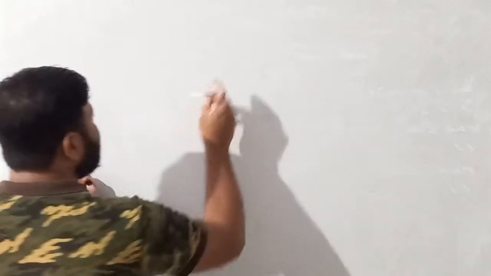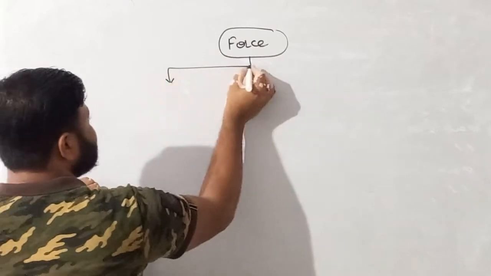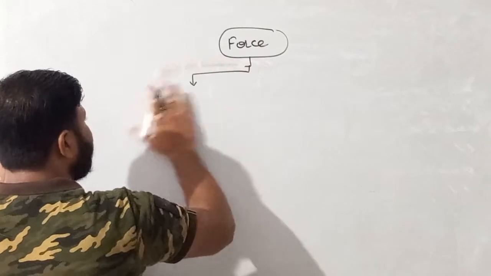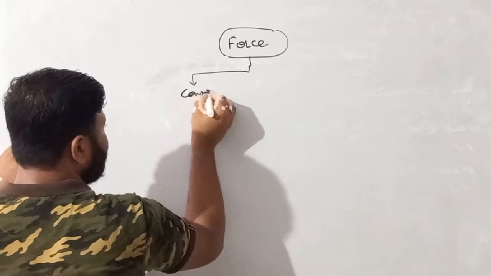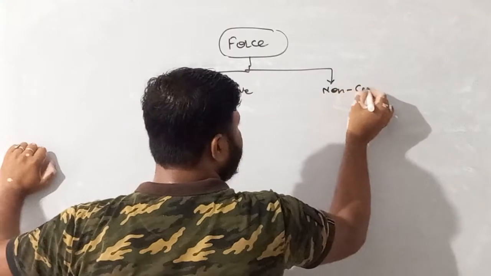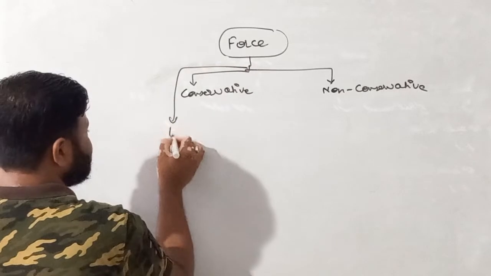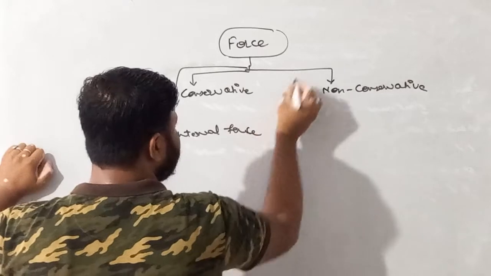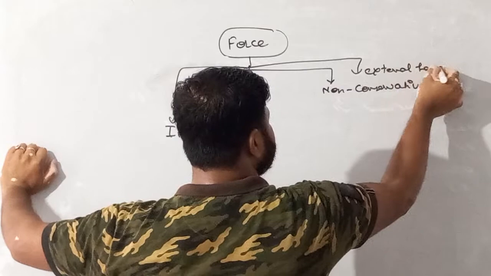So my dear students, forces can now be categorized in two different ways. In one situation we explain the force by nature, and it is of two types: conservative and non-conservative. The next category is internal force and the second is external force.